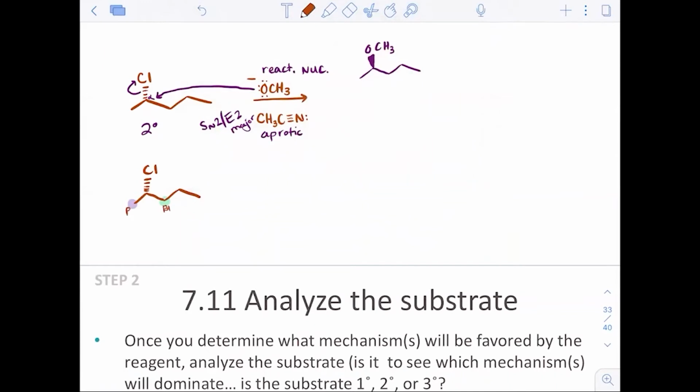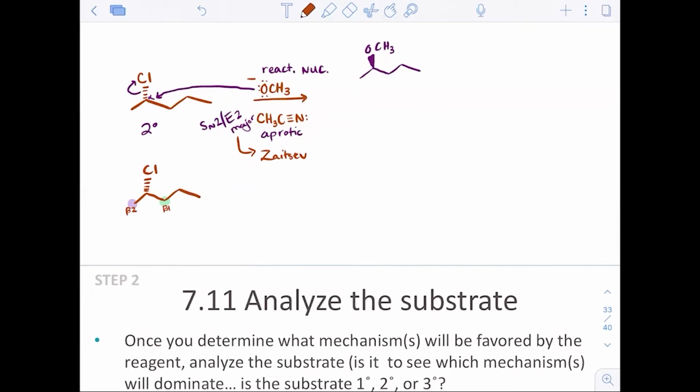Beta 1, beta 2, however you want to number them. Because that reactive nucleophile was small, again, the major product, specifically now from the E2, should be the Zaitsev. We still will analyze the Hoffman, but we want to keep Zaitsev as the major.